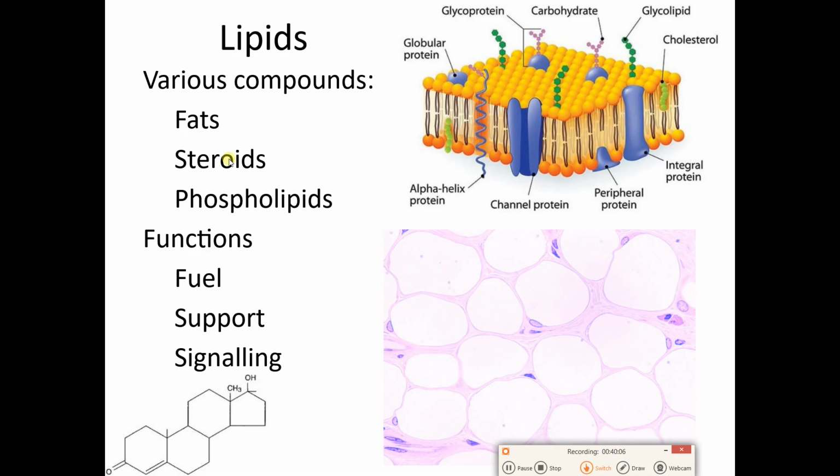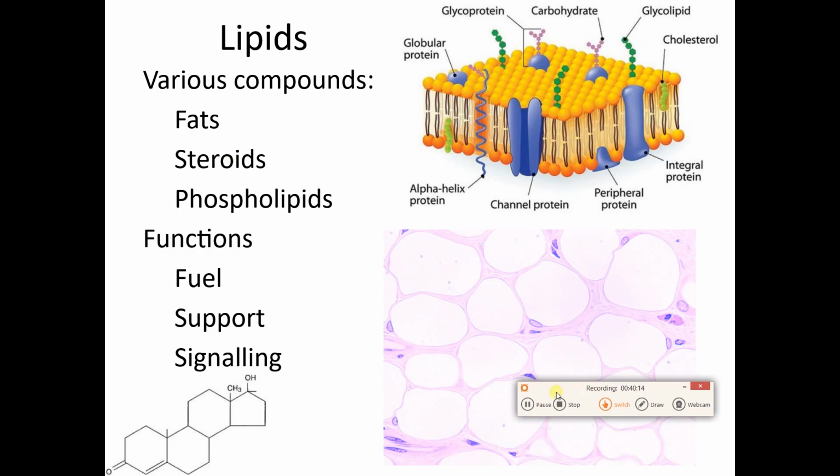Steroids are often used as hormones, so chemical signals like estrogen, testosterone, progesterone, those are steroids. There are lipids called phospholipids, the little yellow guys with the double tail, orange as well, and those guys help make up our cell membrane. So a variety of structural jobs as well.